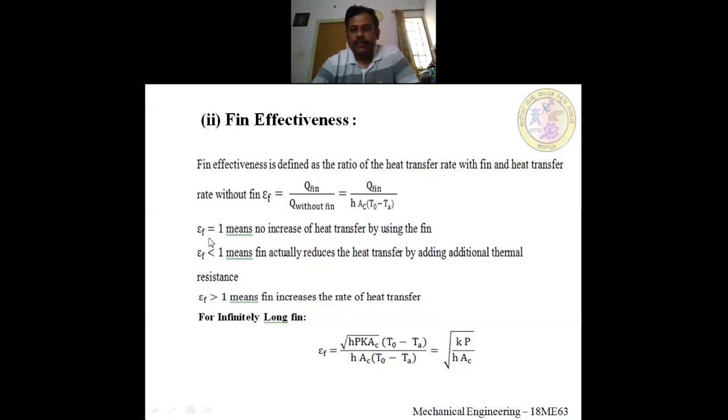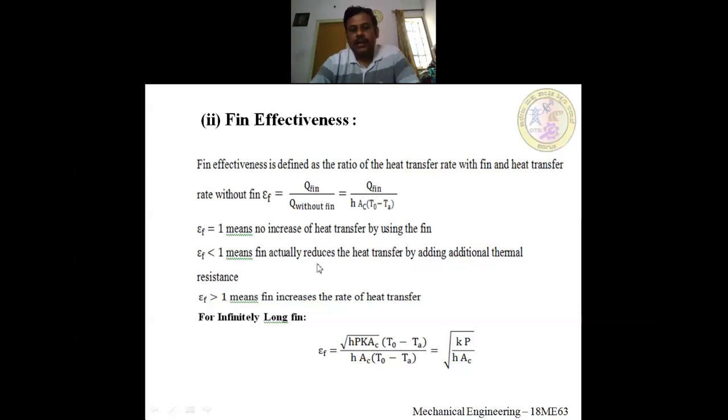Effectiveness of the fin equal to 1 means there is no increase of heat transfer by using the fin, because then heat loss with fin will be equal to heat loss without fin. If effectiveness is less than 1, heat loss without fin will be more. Then it actually reduces the heat transfer by adding additional thermal resistance; the conduction resistance will be more.